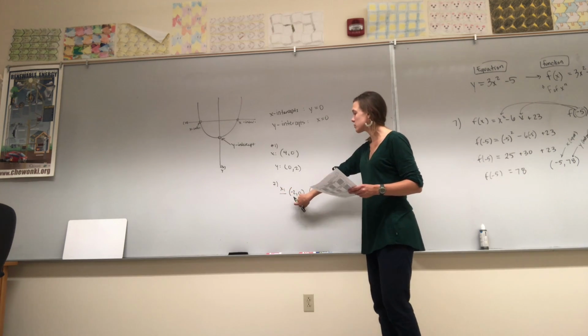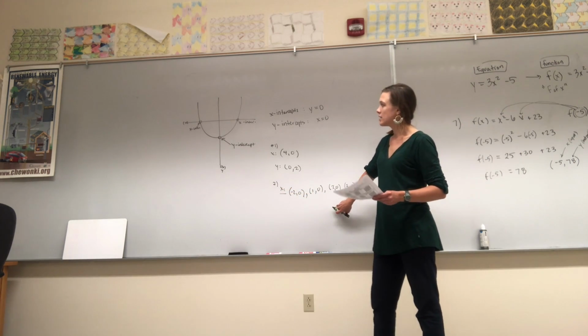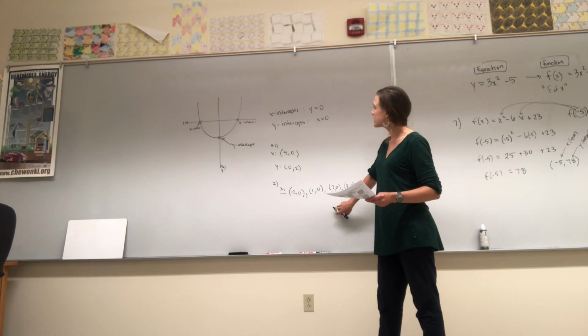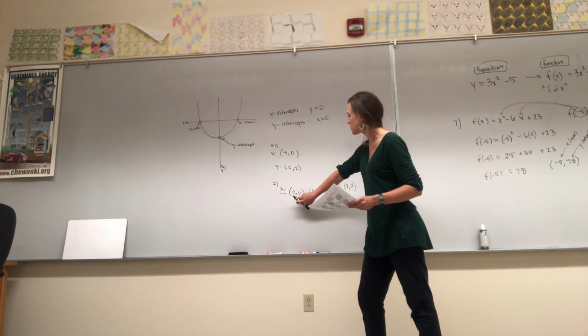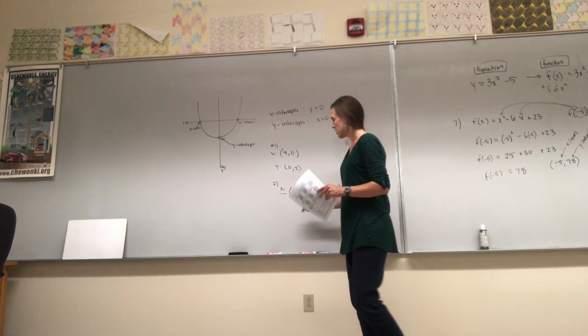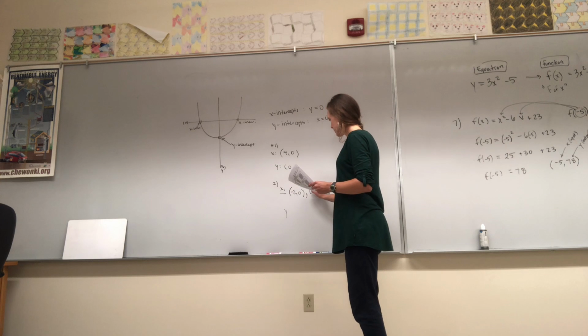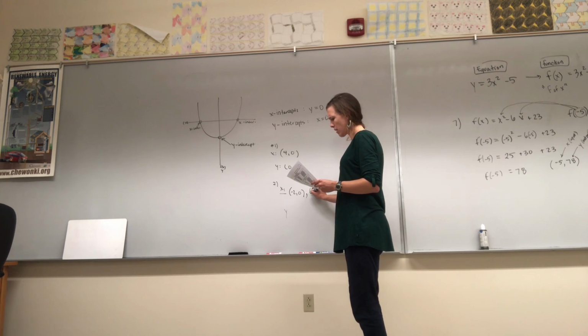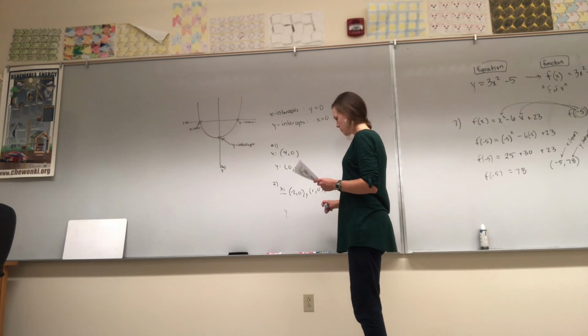This is where it's crossing the X-axis, where Y equals 0. So I think it's negative 1. It's positive 1. No, for the X, there's a negative 1 on the left side.